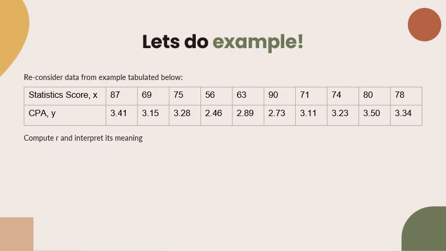So reconsider the data that we discussed in regression before, which is the statistics score of the students with their CPA, meaning the independent variable is the statistics score and the dependent variable is the CPA score of the students. In order to determine the correlation between the statistics score and the CPA score, we will determine the value of R. R is equal to SXY over the square root of SXX times SYY.